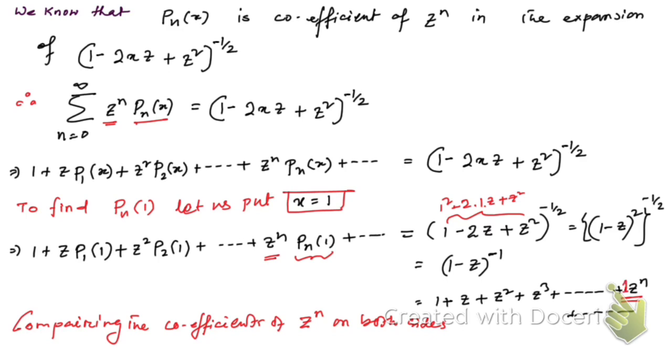So comparing the coefficient of z to the power n, we must get Pn of 1 is equal to 1. That's how we can prove it. Hope you have understood this.